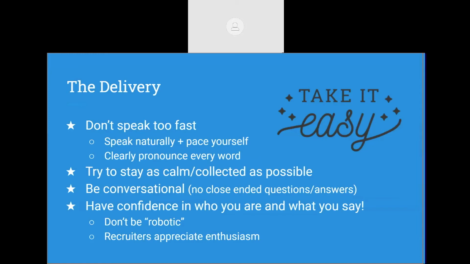Just try to understand that these people are human too. They're not going to judge you that hard. A lot of times they also appreciate you delivering this kind of speech in such a short period of time. And overall, it's just a conversation. They want to talk to you just like anybody else could, in the most natural way possible.